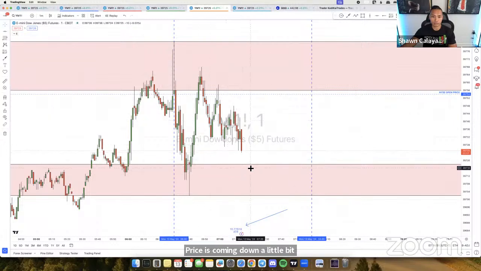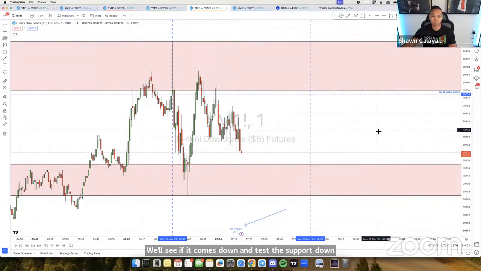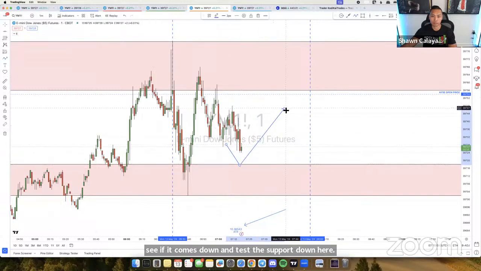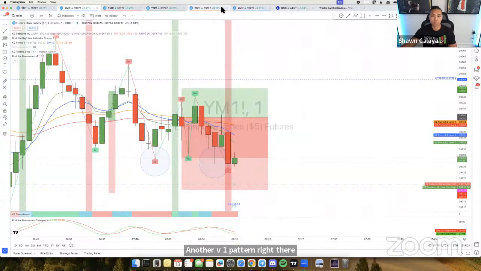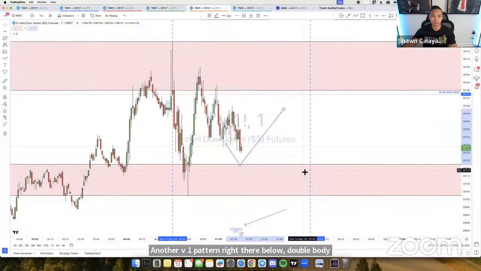We'll see if it comes down and tests the support down here. It looks like that's probably where it's going to go. Another V1 pattern right there below, double body rejection. Now it has a sell signal.